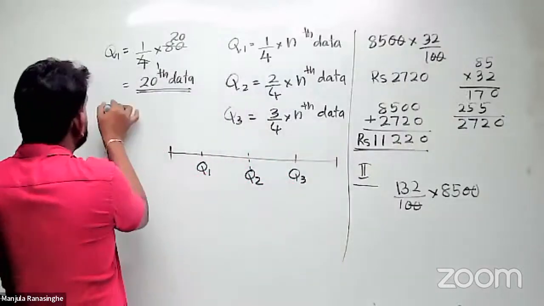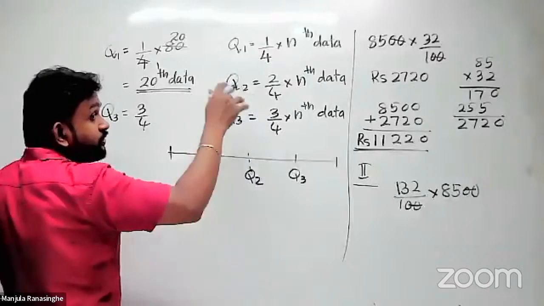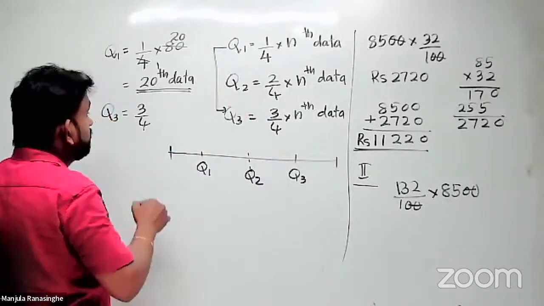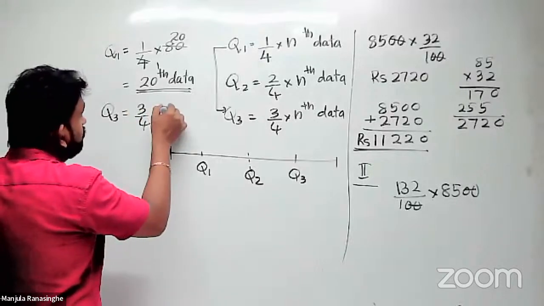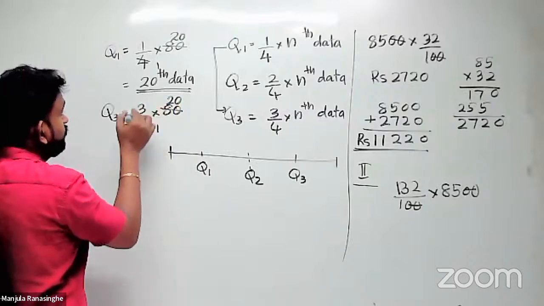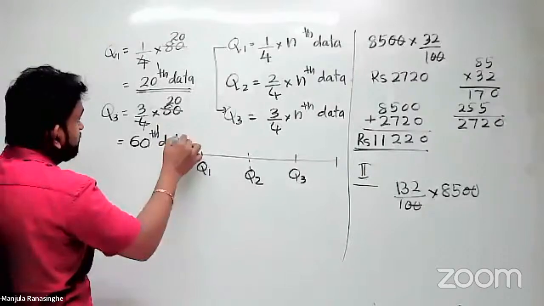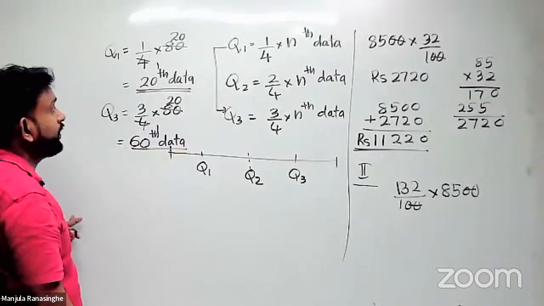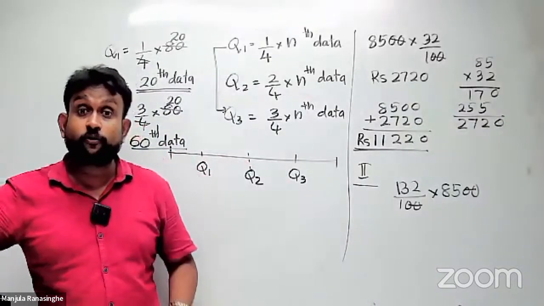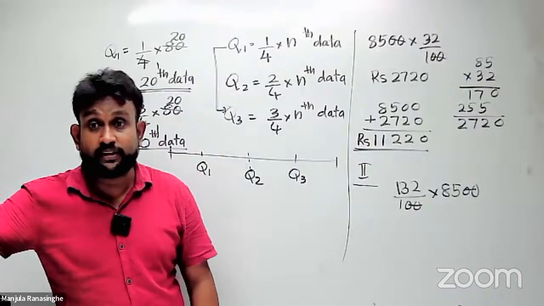Then take the Q3 position, 3/4. We do not need Q2 because the interquartile range deals with the difference of Q1 and Q3. So 3/4 into 80 is 20 into 3, the 60th data. Now, using the cumulative frequency, you have to find Q1. The position is known, so find Q1 using the curve.